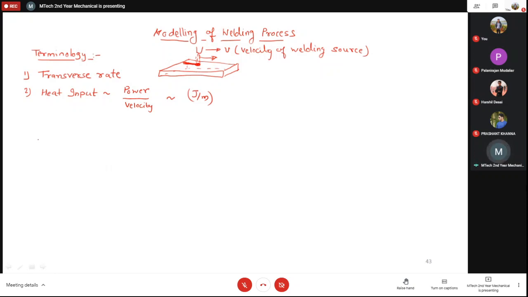Then we have something known as the rate of heat input. What is the rate of heat input? It is also known as heat intensity.